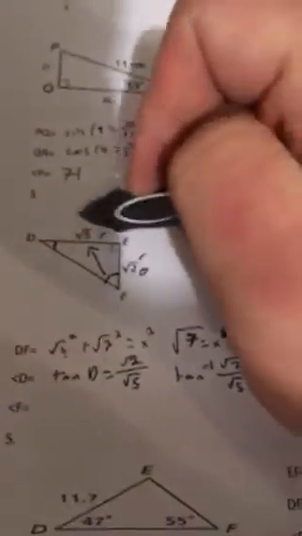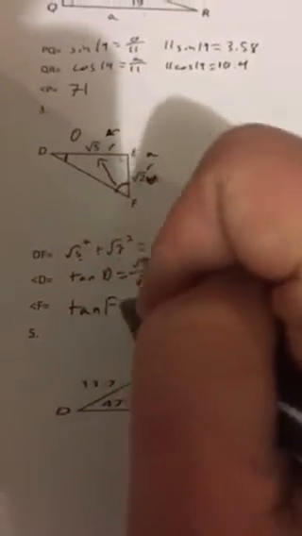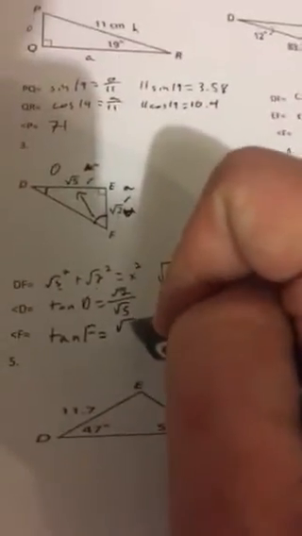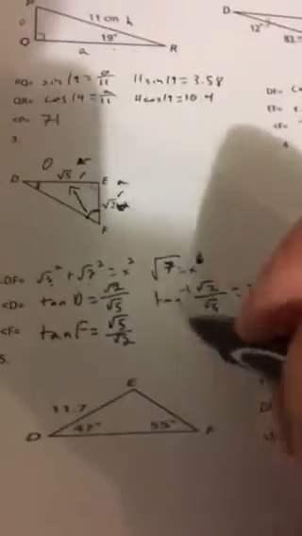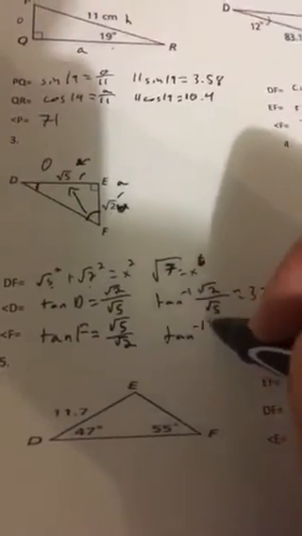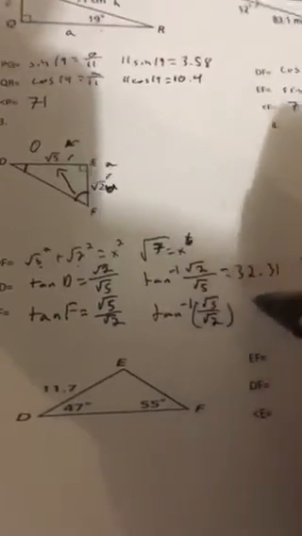All right, and now we're going to look at angle F. Angle F's opposite side is the root 5, so that's my new O. Cross out these old marks. And that's my new adjacent. So I still have an opposite side and adjacent, so I'm still using tangent, but it's going to be root 5 over root 2 this time. I'm going to take the tangent inverse of root 5 over root 2, and that's going to equal my answer.